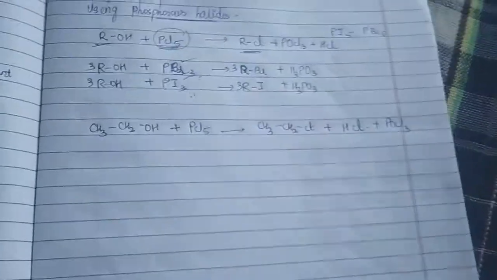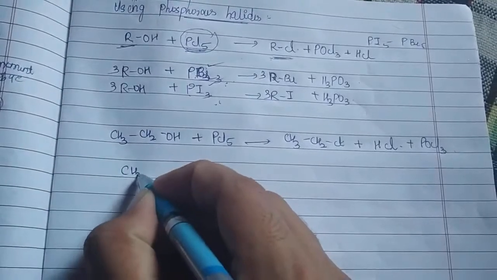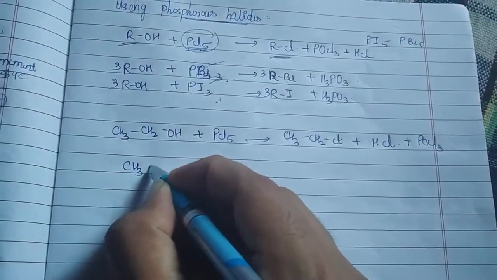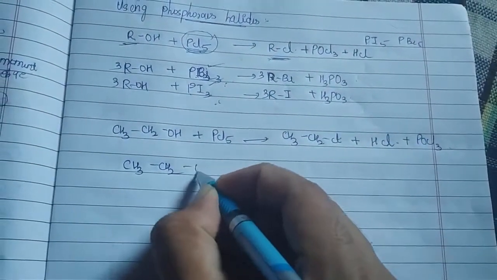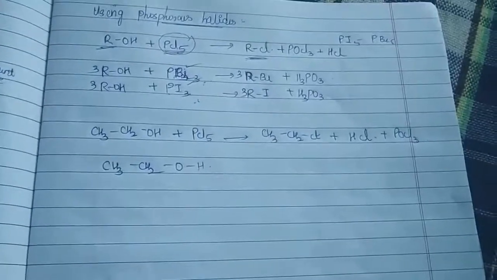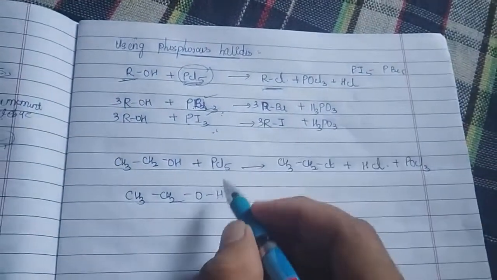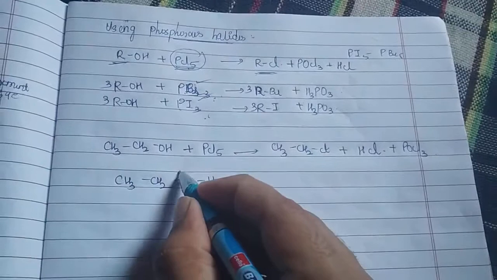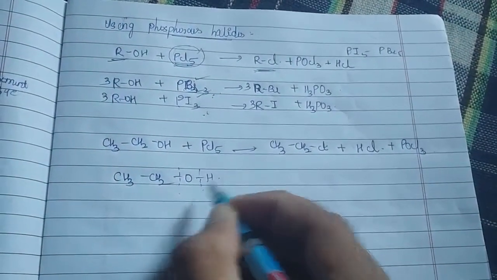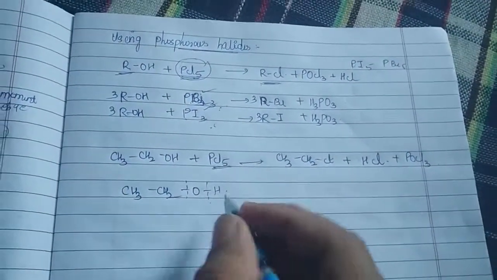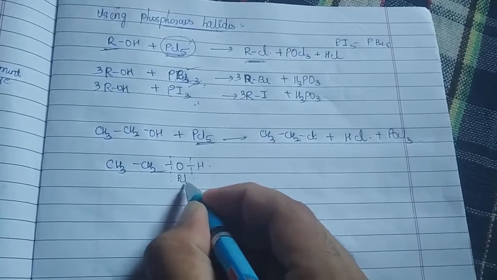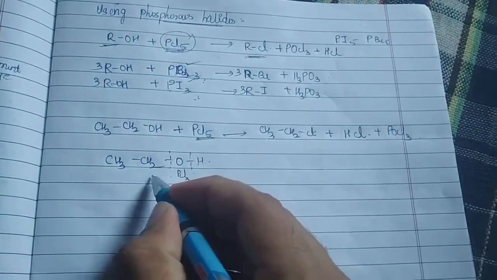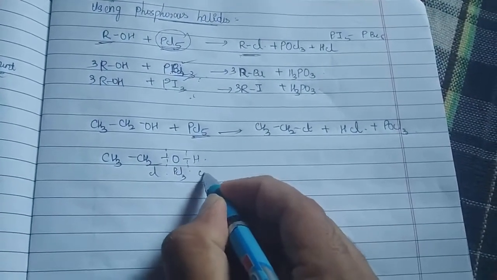Remember it in this way. Let me write it: CH3CH2OH. Whatever PCl5 we have taken, here PCl3 will come, another Cl over here and another Cl over here.